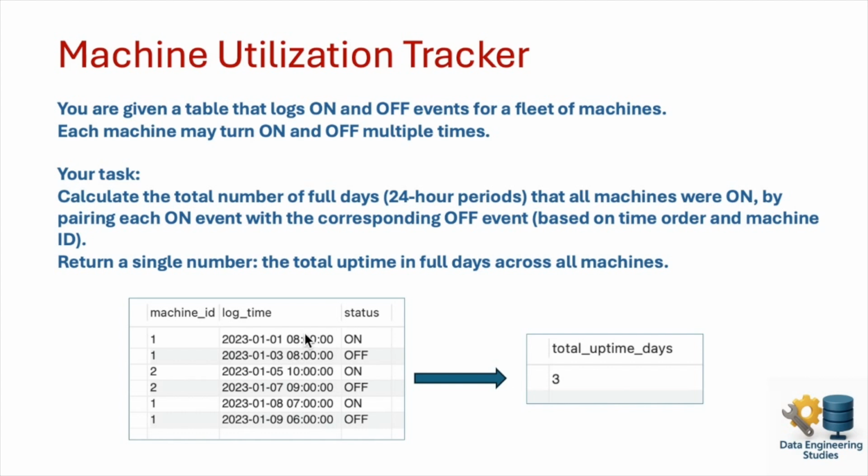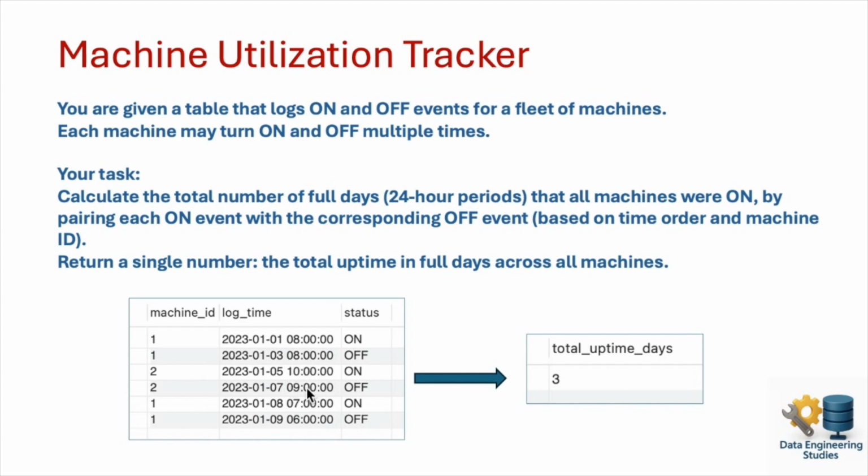For 2 full days, this machine is on. Next, machine 2 is turned on 1-5 at 10 am and it is turned off on 1-7 at 9 am. So the second machine is turned on for 1 day. If the second machine is turned off at 1-7 at 10 pm, it will be 2 days. But here, this is only 1 day.